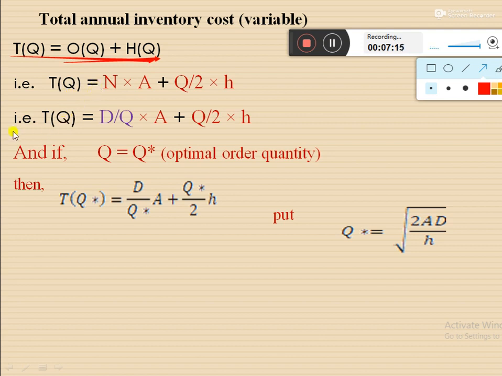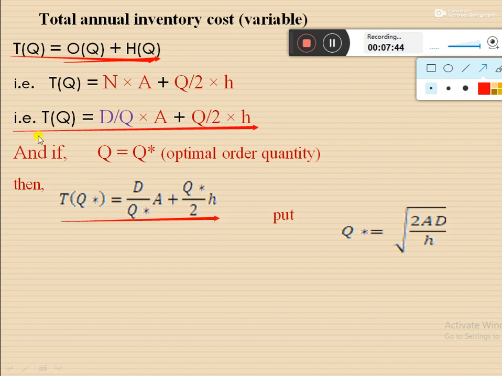Further, this formula can be rewritten as written here. Total annual inventory cost is equal to D upon Q into A plus Q upon 2 into H. And if Q is equal to Q star, that is economic order quantity, in that case the total annual inventory cost can be represented or can be calculated by using this expression.